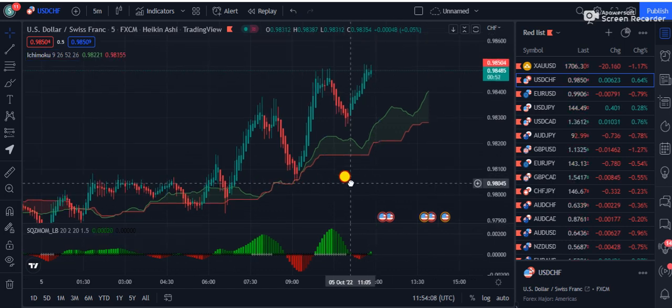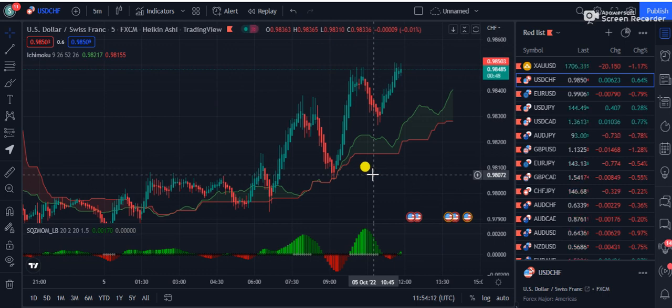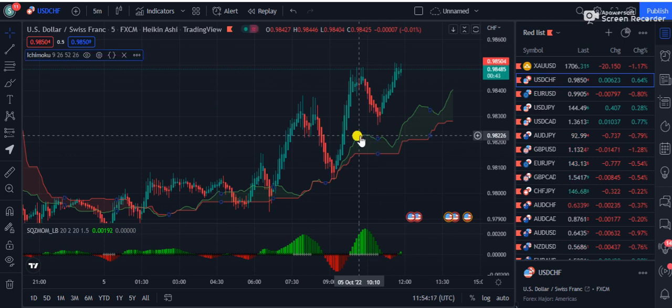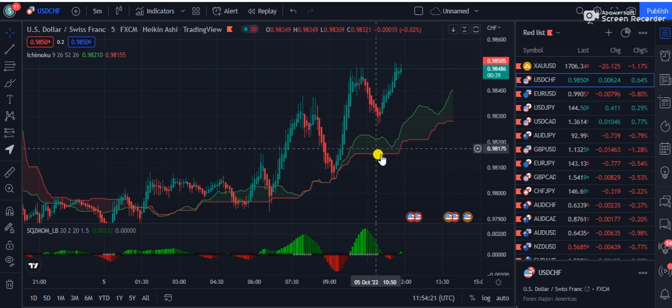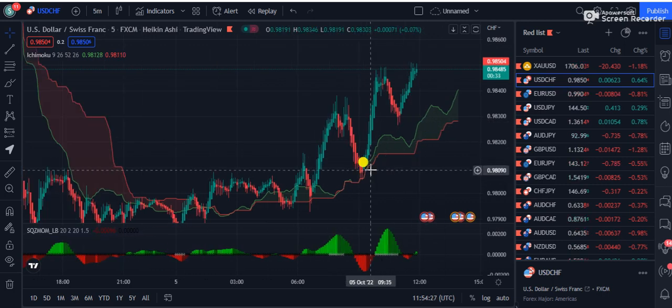Now let me talk about the general concept of using the Ichimoku indicator. We have a cloud and two types of lines on the indicator, the green line and the red line, and the space in between these two lines becomes a cloud. You don't have to worry about it.